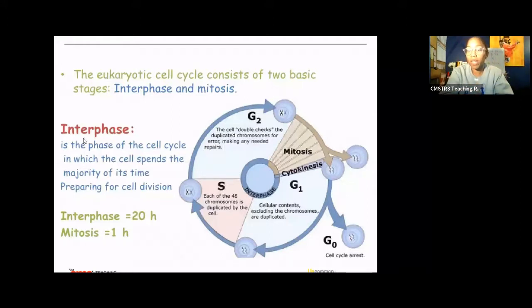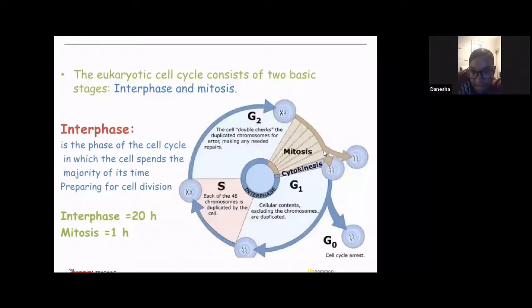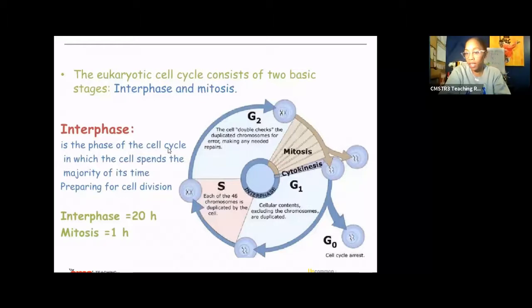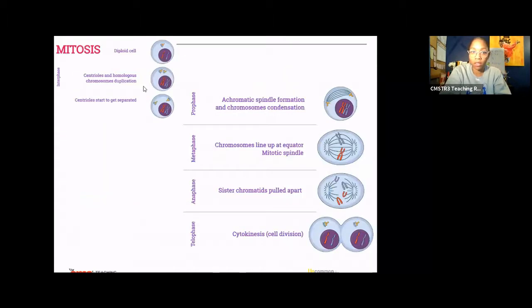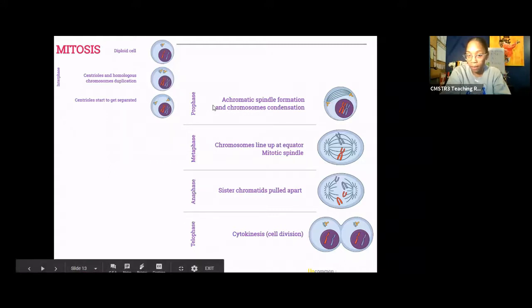So when we talk about mitosis in particular, we're going to hit 4 phases, and we like to remember the phases by PMAT. P-M-A-T is the order. So starting with the beginning of mitosis, we're going to go through prophase, metaphase, anaphase, and then telophase.